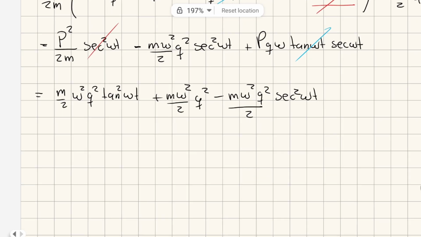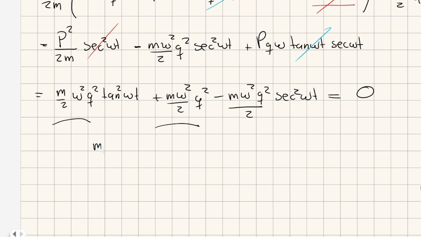Perfect. So it is very easy to notice that we have a common factor here. So we will get tangent squared plus 1 times this, but tangent squared plus 1 is secant squared, and we have minus secant squared here with this also common factor. So it is easy to notice that this is going to be equal to 0.